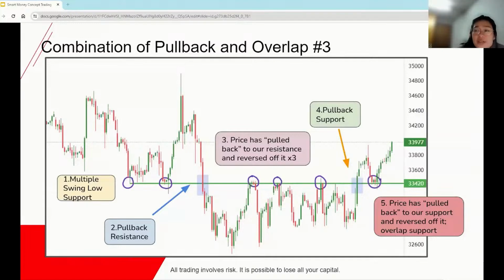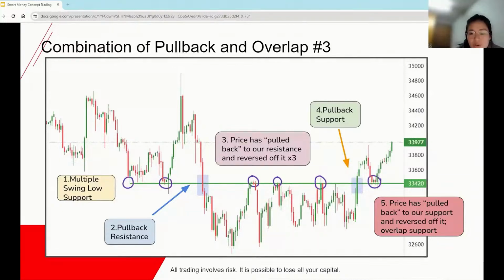Number 3, price has pulled back to our resistance and has reversed off of it 3 times. So since price has tested this level 3 times, it makes it a strong overlap resistance level. And then it happens again where price pulls back above that resistance level. So it becomes a pullback support, and then it retests our support level, making it an overlap support.